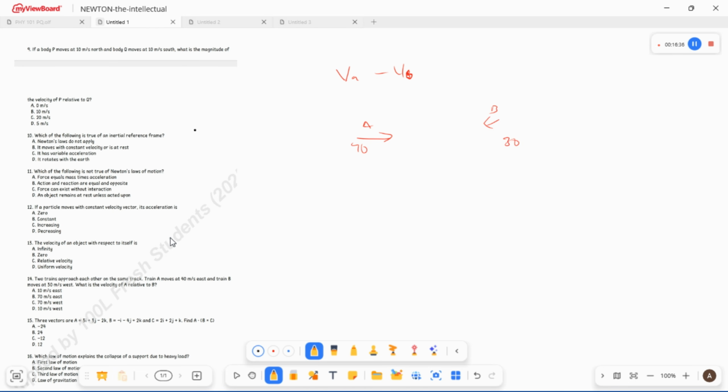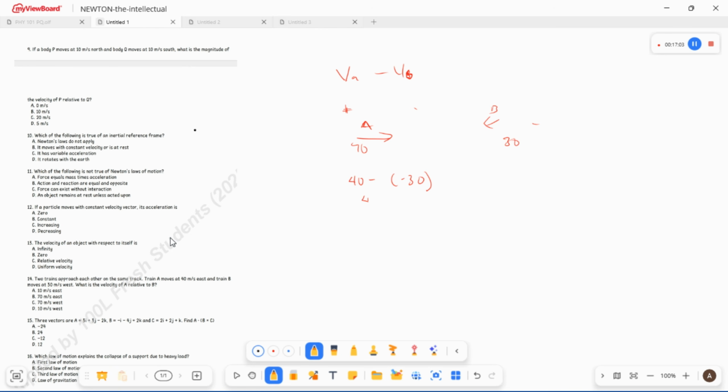So now what we're going to do is assign one of them to be positive. The one that moves east, A, we're going to assign it to be positive. Then the one that moves west is in the opposite direction, so it has to be negative. Do you understand that? So now VA minus VB is going to be 40 minus 30, because this VB is 30. But because we already assigned east to be positive, then the west must be negative.